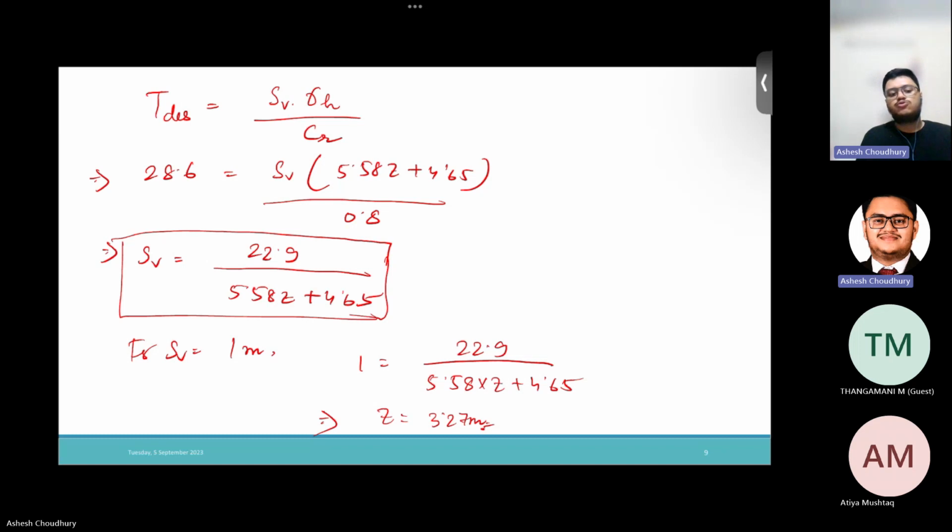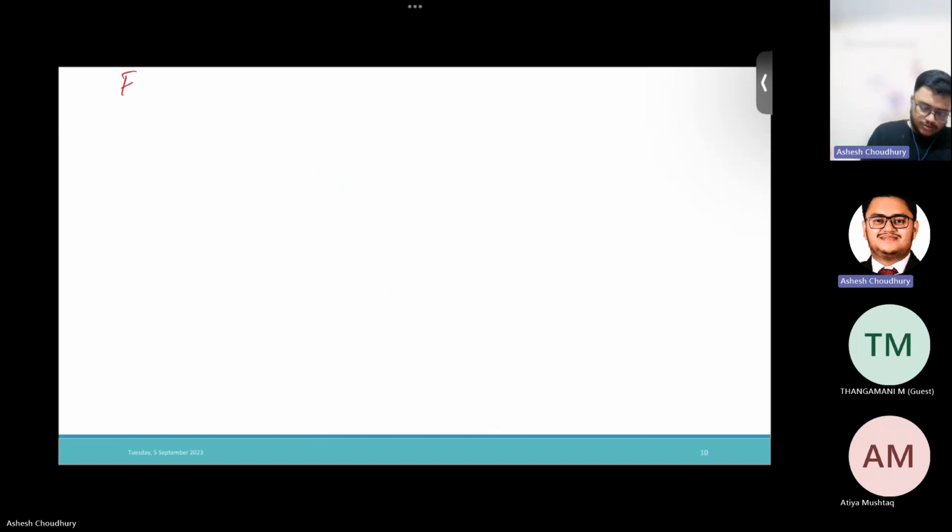So now we have to reduce the spacing. Let us check for 0.5 meter spacing. For SV equal to 0.5 meter, if we solve this, we will get Z as 7.37 meters.